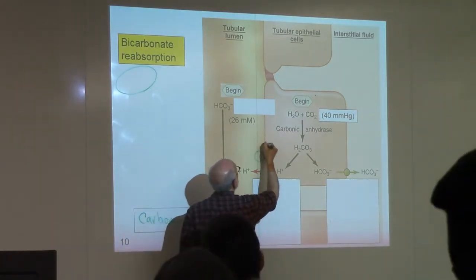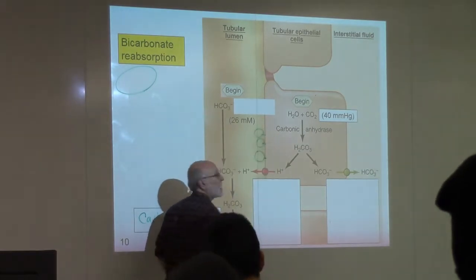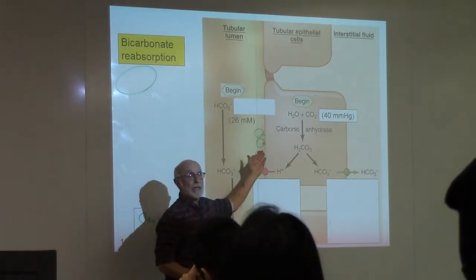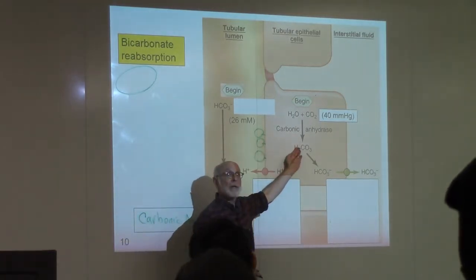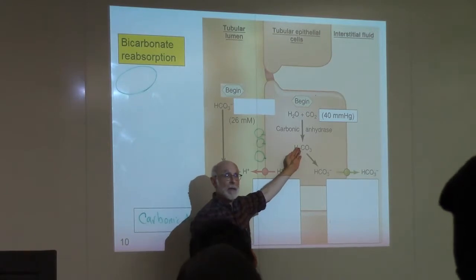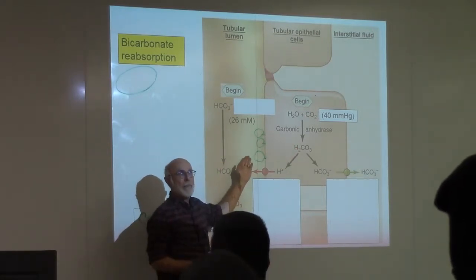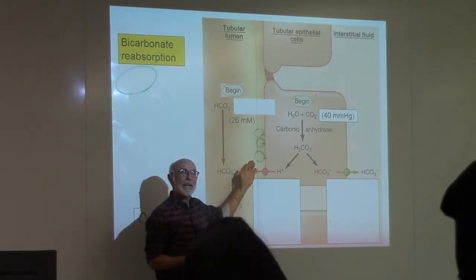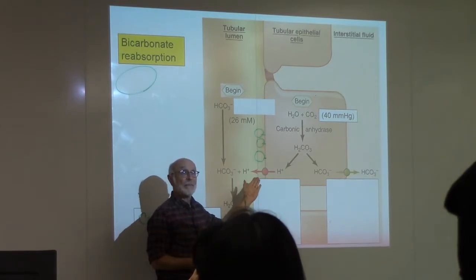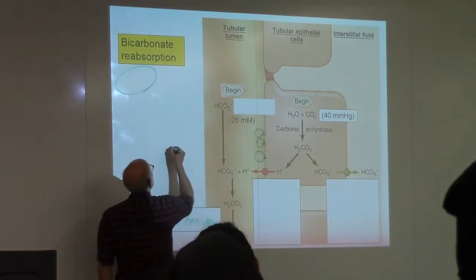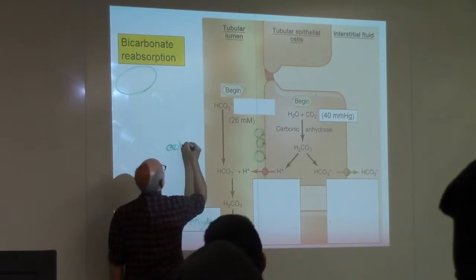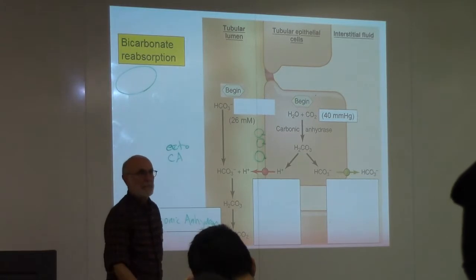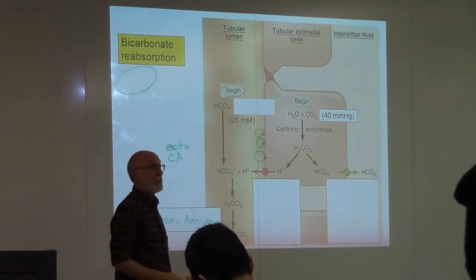So it's a carbonic anhydrase enzyme that has its enzymatic activity in the tubular fluid, but it's a membrane protein. So there's a soluble carbonic anhydrase in the cytoplasm, and there's an ecto membrane carbonic anhydrase. Why did I call it ecto? Because its function is outside the cell. Ecto carbonic anhydrase. Membrane bound.